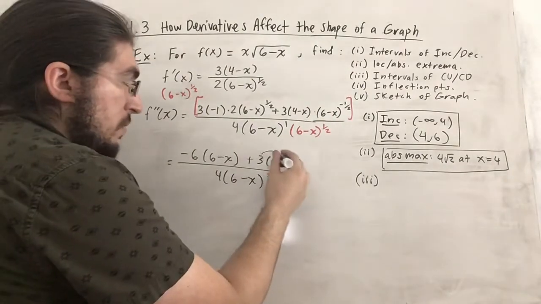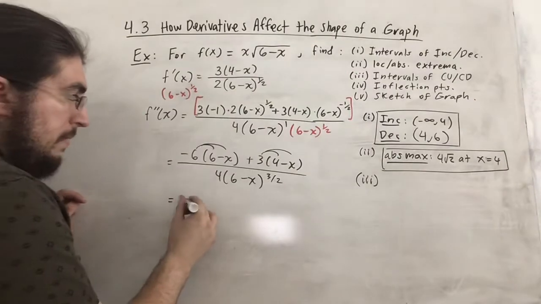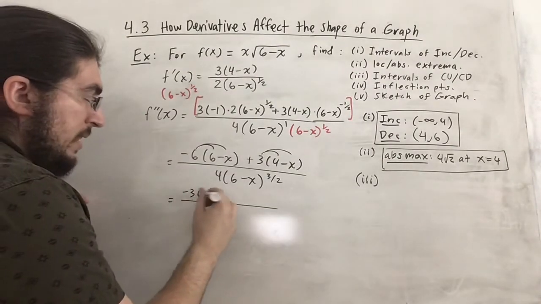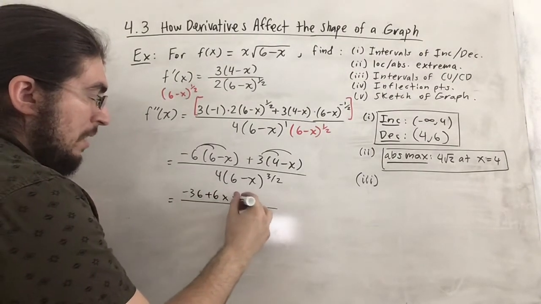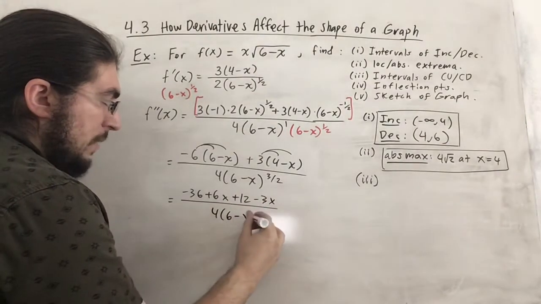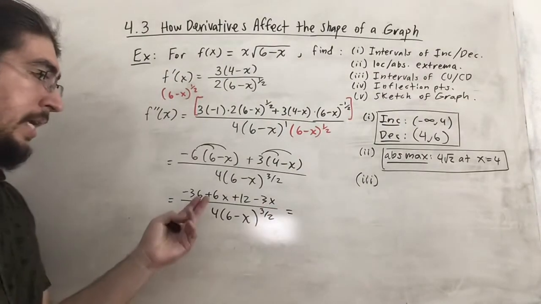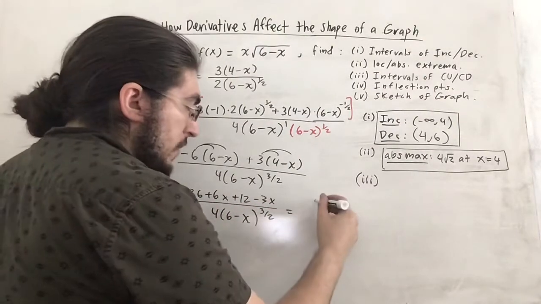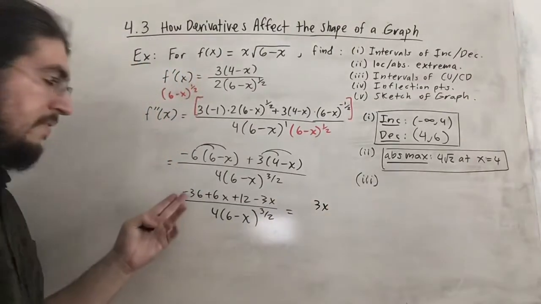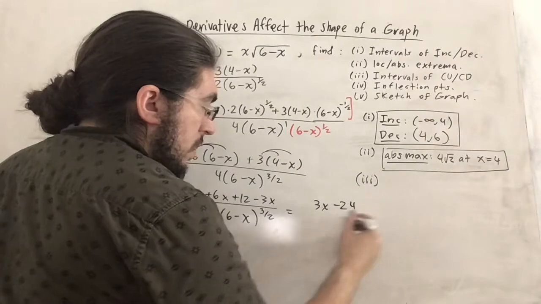So now if we distribute this and this, let's see finally what we get in the top. We get -36 plus 6x plus 12 minus 3x, all over 4 times 6 minus x to the 3/2. And that simplifies pretty tremendously. 6x minus 3x is 3x. And -36 plus 12 is -24.